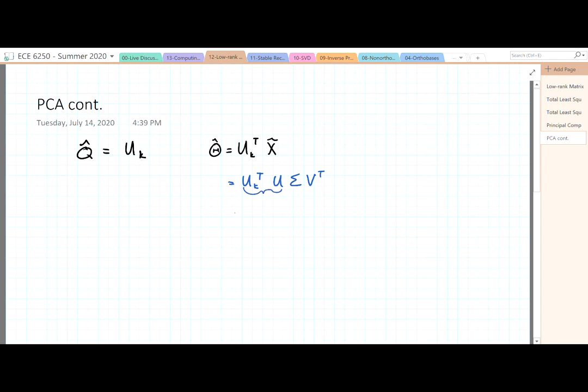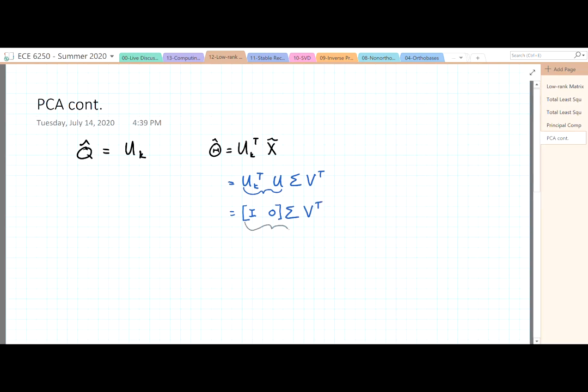So this term right here, having just the first k columns, is going to give us a k by k identity matrix, and then zeros, because those first k columns are orthogonal to the remaining columns of U. That remains the same, and that remains the same.